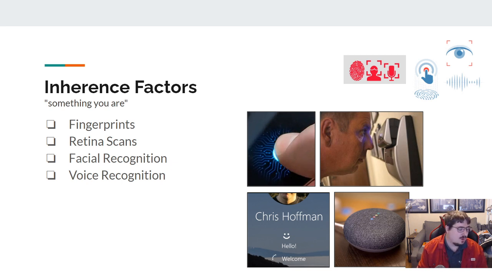Other things that you have to watch out for is, well, what if I hold up a photo of your face? Does that count? Am I you? So a lot of things you have to watch for there. There's also things like, what happens if I walk past the computer, but I don't actually stop and sit down in front of it, right?